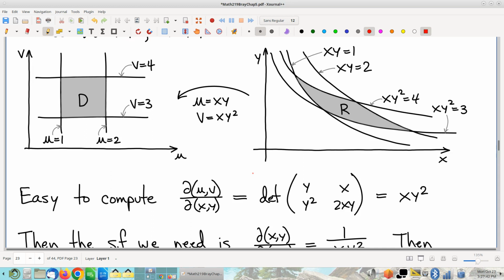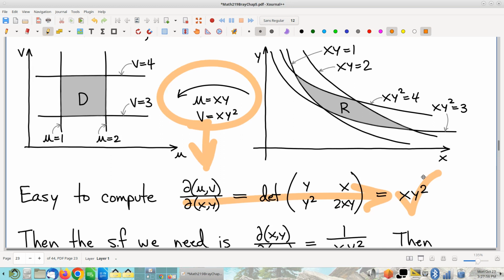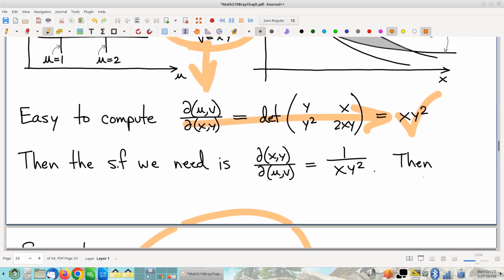So I'm going to continue to view u and v as functions of x and y. This allows me to compute the partials of u and v with respect to x and y. What I need, though, as we just discussed, is the partial of x and y with respect to u and v.